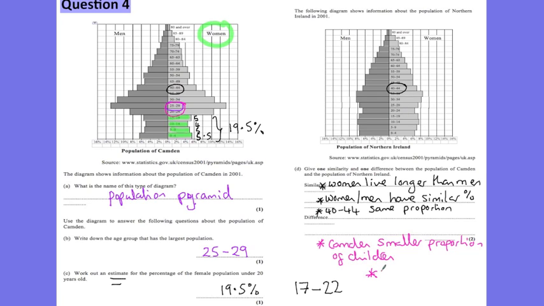So this is the particular thing around the differences, that Camden has a greater proportion of 20 to 30-year-olds compared to other age groups. And again, that's not the same here for Northern Ireland, because the 20 to 30 category, well, it's about the same as the 30 to 40s and the 10 to 20-year-olds. It's not particularly different. So that's two really key differences about the population of Camden and Northern Ireland.